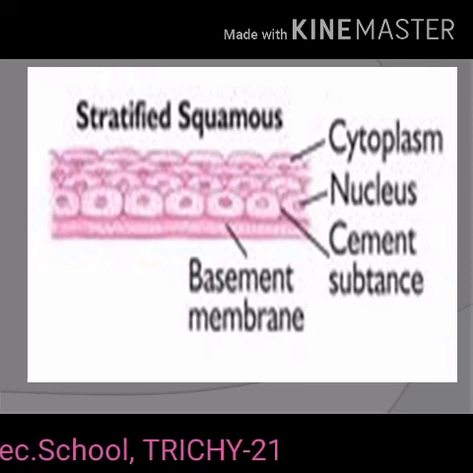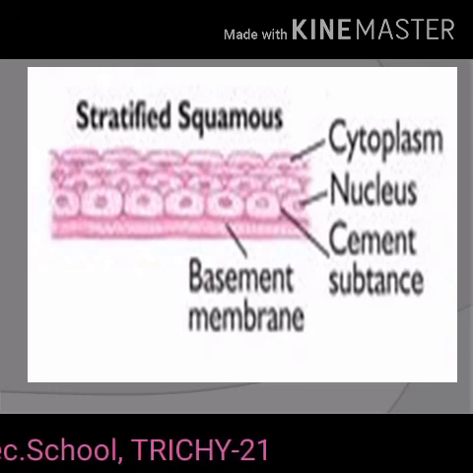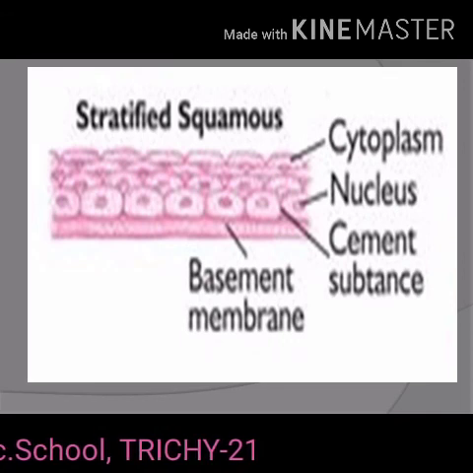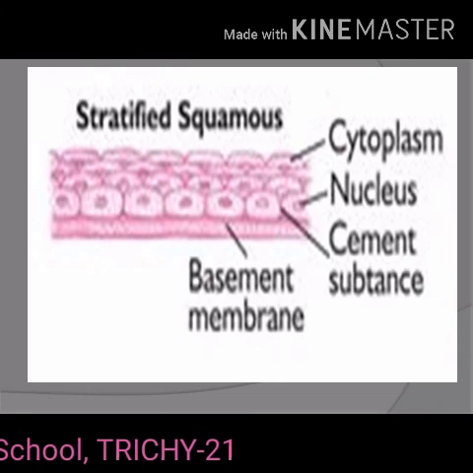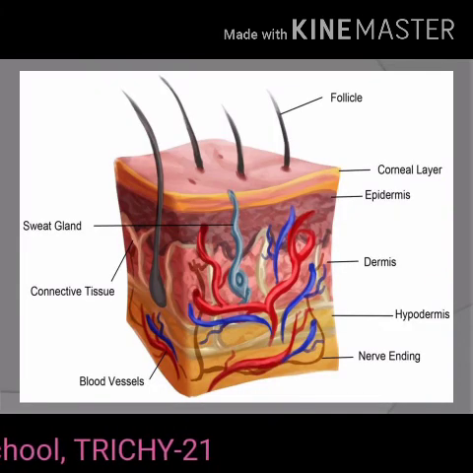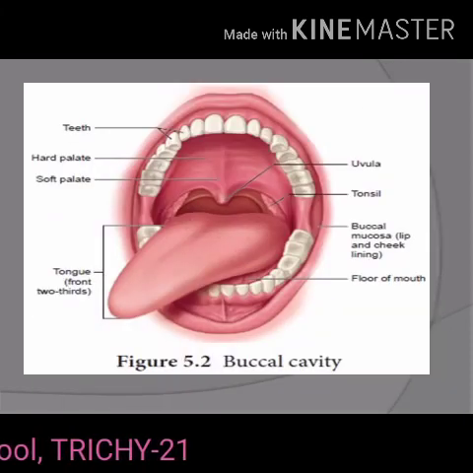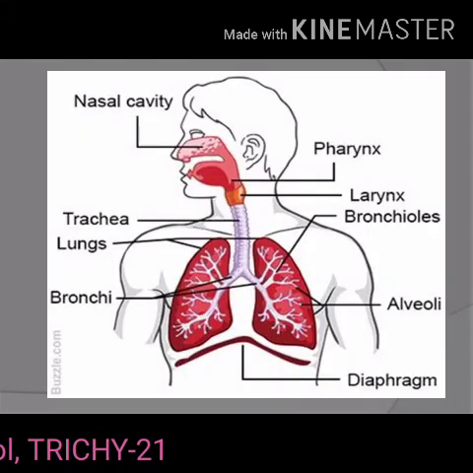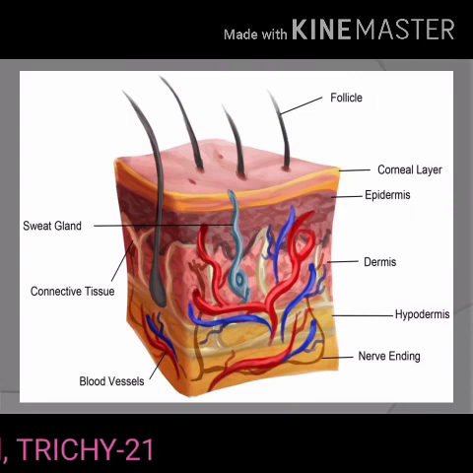The main function of this epithelium is to give protection to the underlying tissues against mechanical and chemical stress. They also cover the dry surface of the skin, the moist surface of the buccal cavity, and the pharynx. The epithelial tissue in the skin functions as a waterproof membrane.